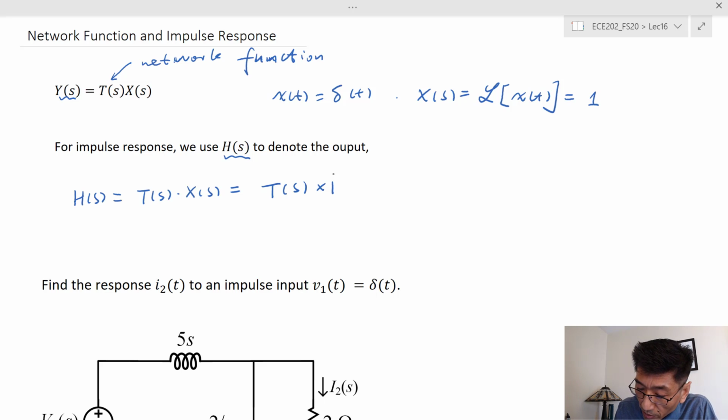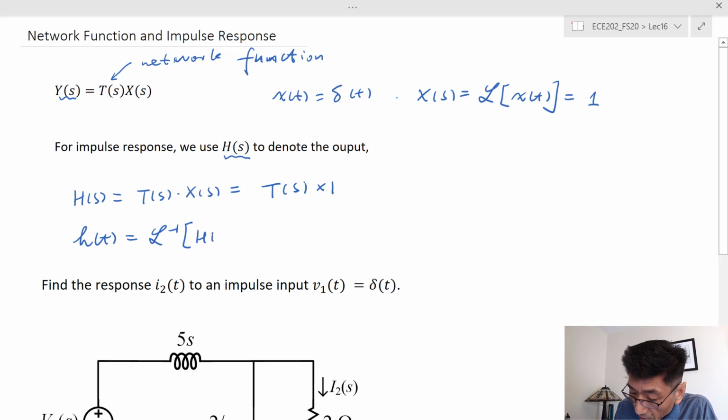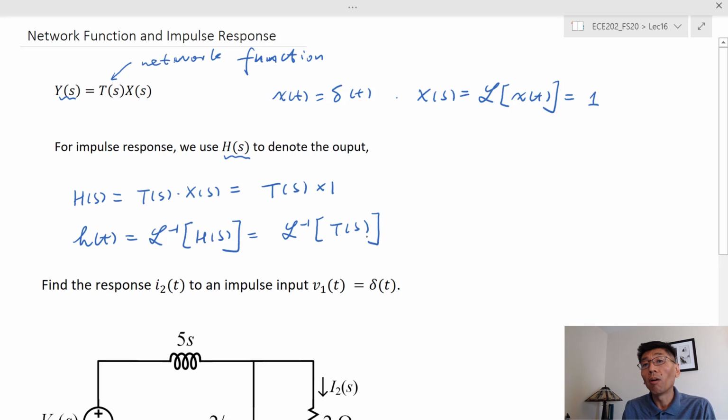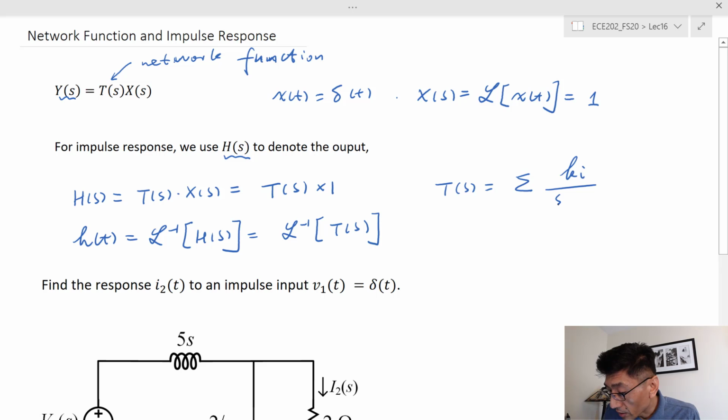So the response in the time domain, h(t), is going to be equal to the inverse Laplace transform of H(s), right? And that's going to be equal to the inverse Laplace transform of T(s). So if T(s) has simple poles, in that case, T(s) can be written in the form of the partial fraction expansion, let's say K_j over s minus p_j, j from 1 to n, depending on the number of poles you have.